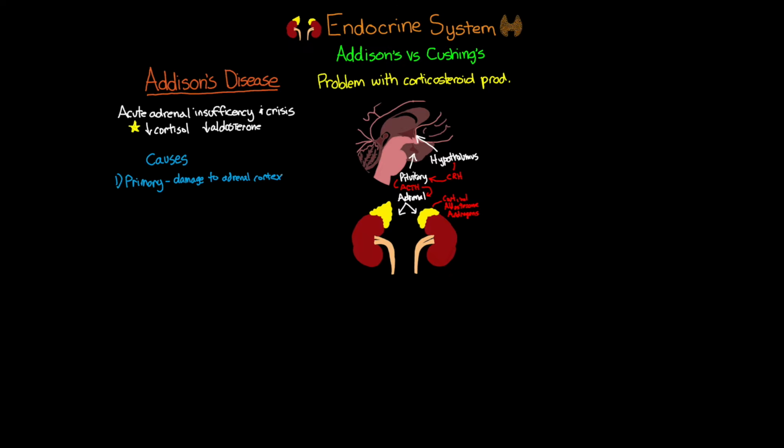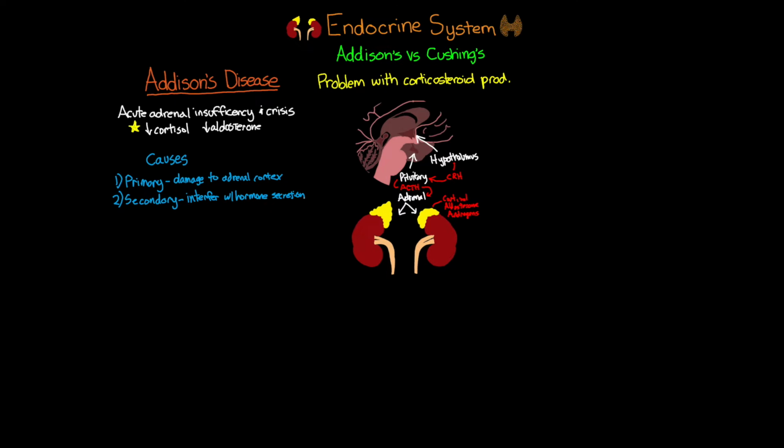The next category we have is what we call secondary. These are going to be anything that interferes with our hormone secretion, and really we're talking about interference with our ACTH secretion.